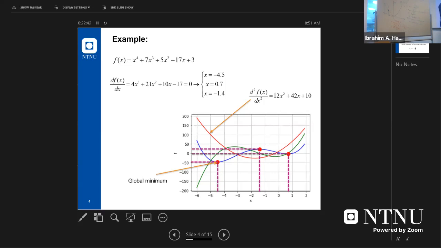And we try to solve it analytically. So we will get the first derivative and set the first derivative equal to 0. When we do this, we can find three values. Now it's more complex.